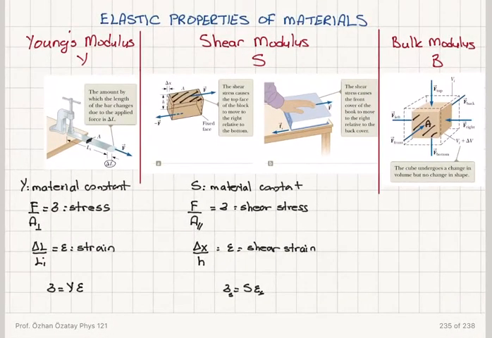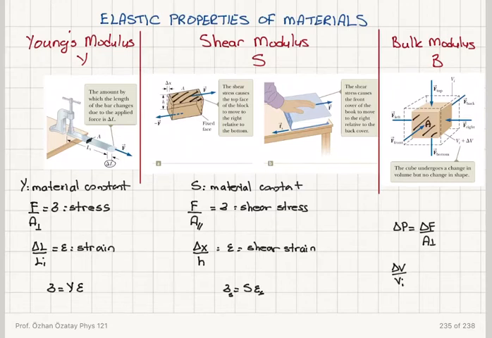So we have a change in pressure, delta P, because we have a change in the force that we're applying per perpendicular area. And what is the response of the material? The volume changes. So there will be a volume change, delta V over V initial.